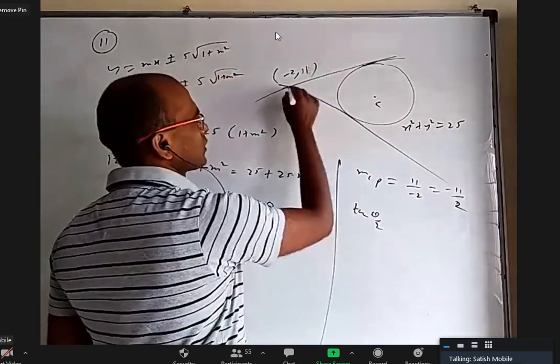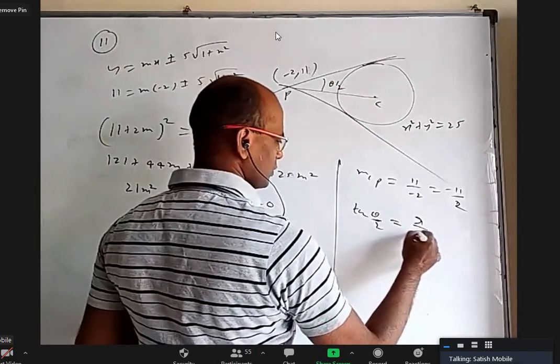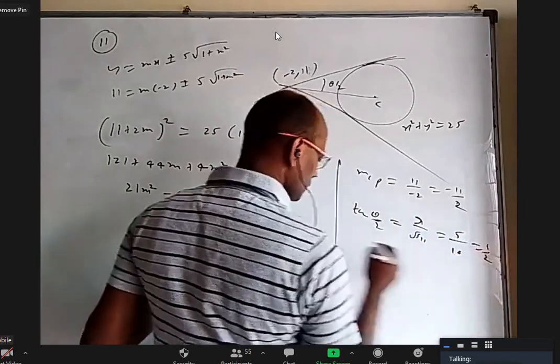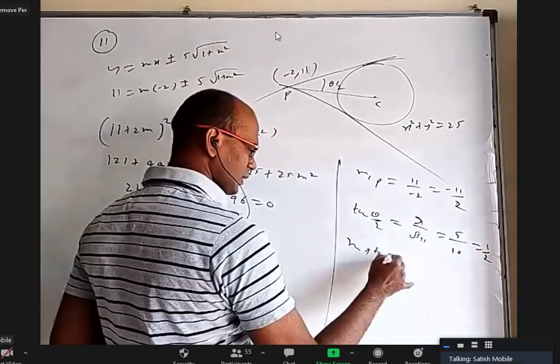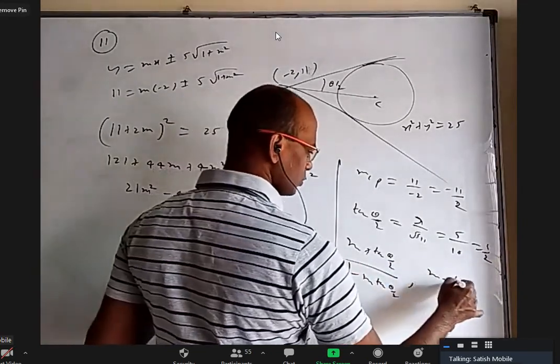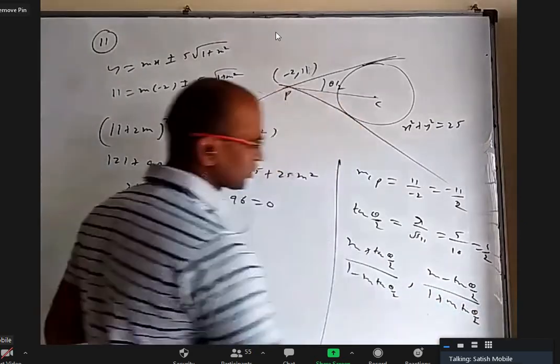And tan theta by 2 is r by root s1, 5 by 10, 1 by 2. Then the slopes are m plus tan theta by 2 by 1 minus m tan theta by 2, and m minus tan theta by 2 by 1 plus m tan theta by 2.